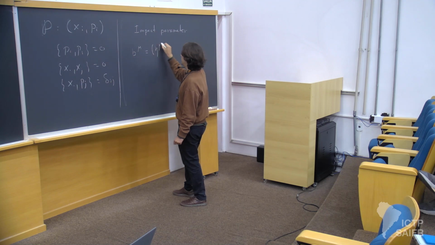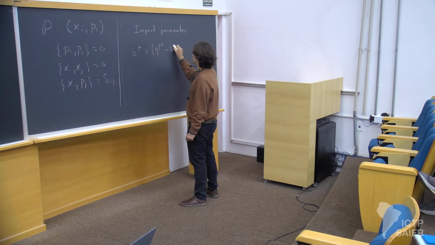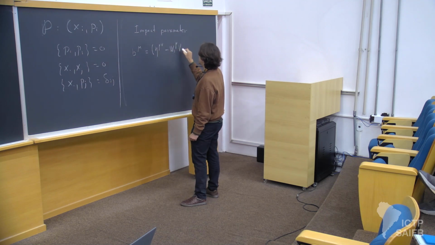So this will be eta_mu nu minus, let me define this object in a second.